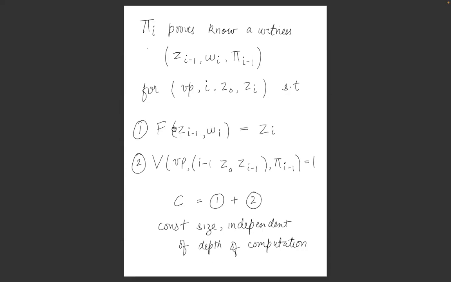So the function takes now the input at i minus 1 and witness i, and it outputs the ith state. It also proves that the inner proof is valid. This is again the same scheme that we saw in the recursive SNARK, but now here we have to additionally prove that this function was also computed correctly, in addition to the verification circuit of the inner system.